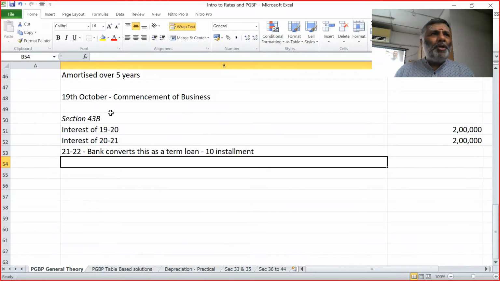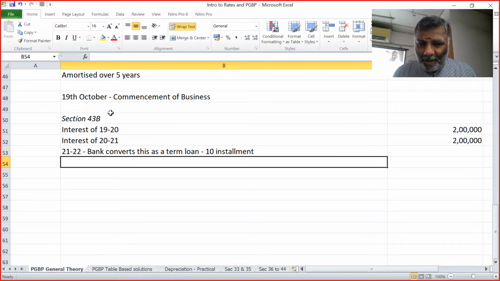Can I claim it in 2021 as deduction, the entire 4 lakhs? No, sir. Term loan is normally for a long term, sir. So it should be a capitalized asset. Okay, can I claim it as deduction?